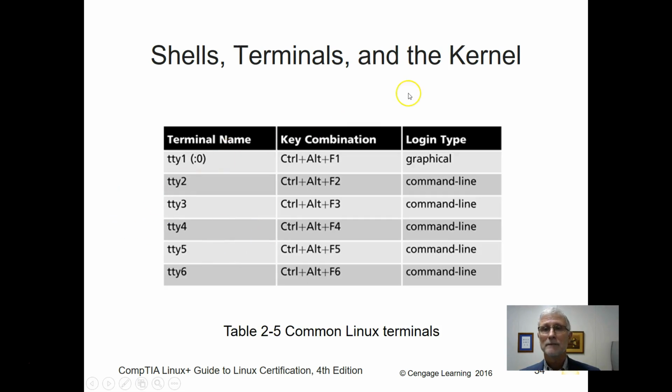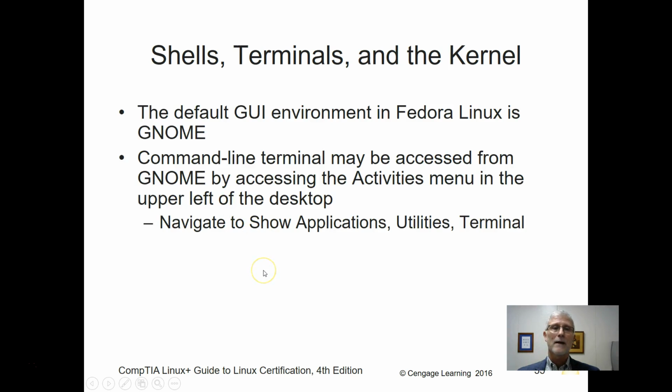Now, there are different types of Linux terminals. We're going to do a lot of our work in the command line, so to get to it, the default GUI environment is GNOME for Fedora Linux.